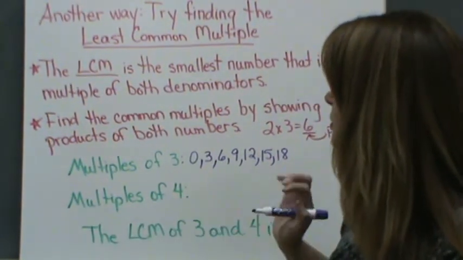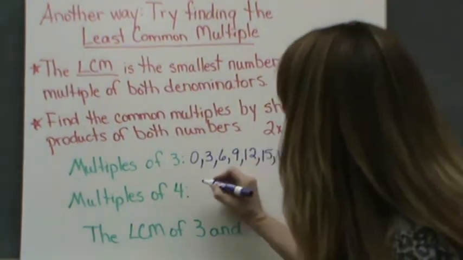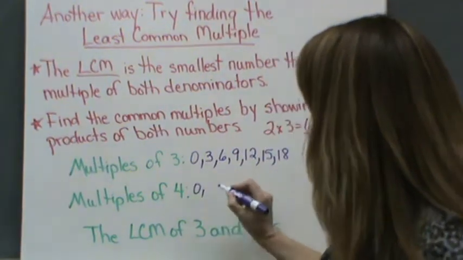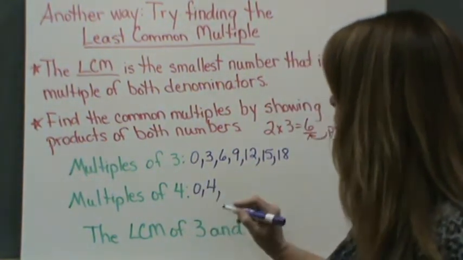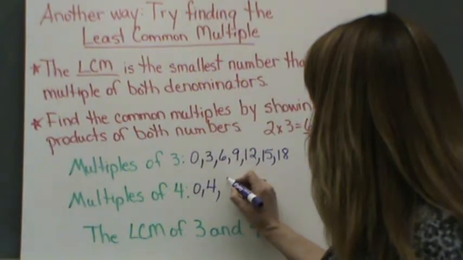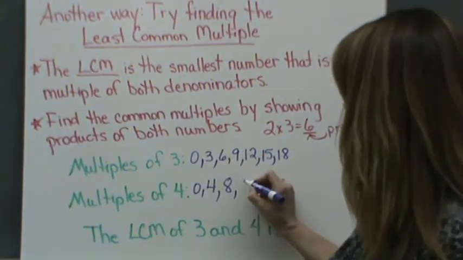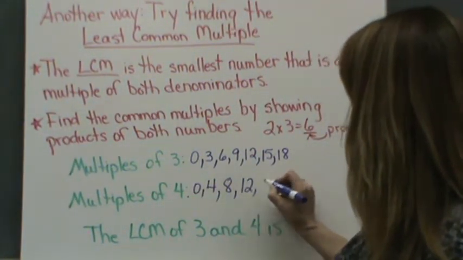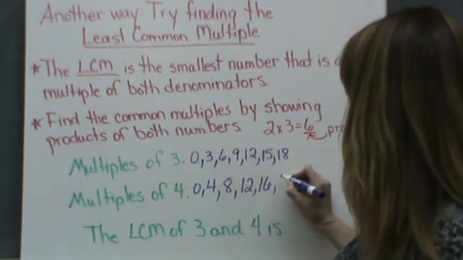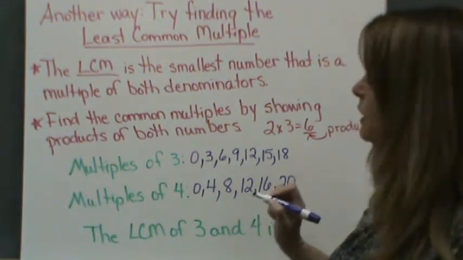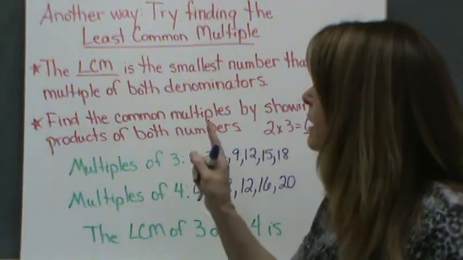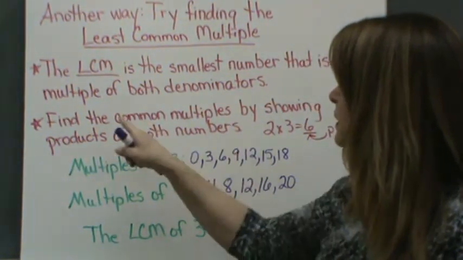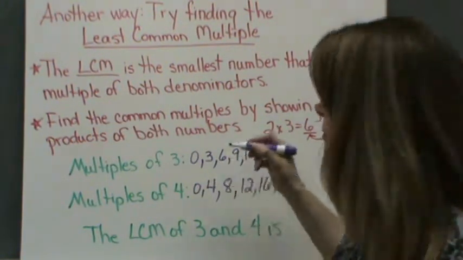So now let's find the multiples of 4. 4 times 0, 4 times 1, 4 times 2 is 8, 4 times 3, 4 times 4, 4 times 5. Now I can go through and find my common multiples first. So I can find all of my common multiples and circle those.